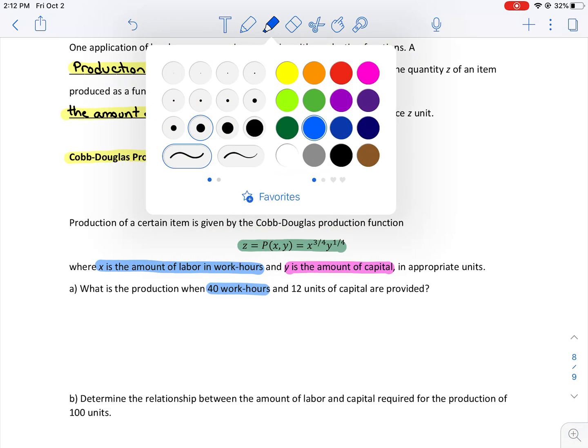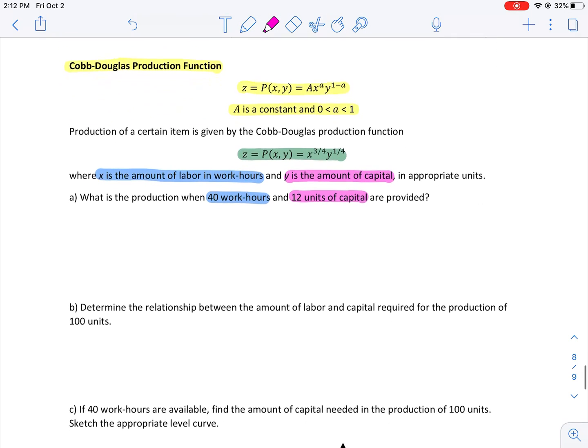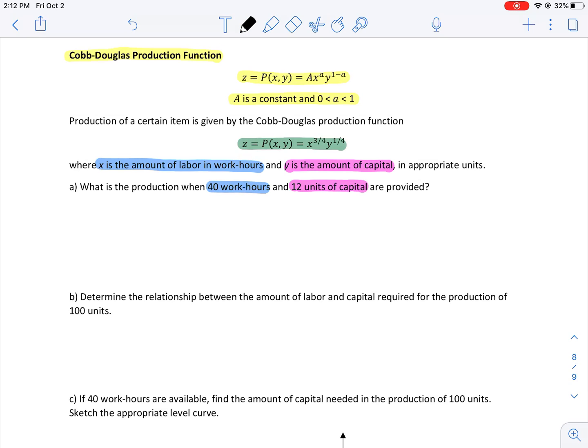What is the production when 40 work hours and 12 units of capital are provided? Okay, so here we're going to substitute 40 in for x and 12 in for y.